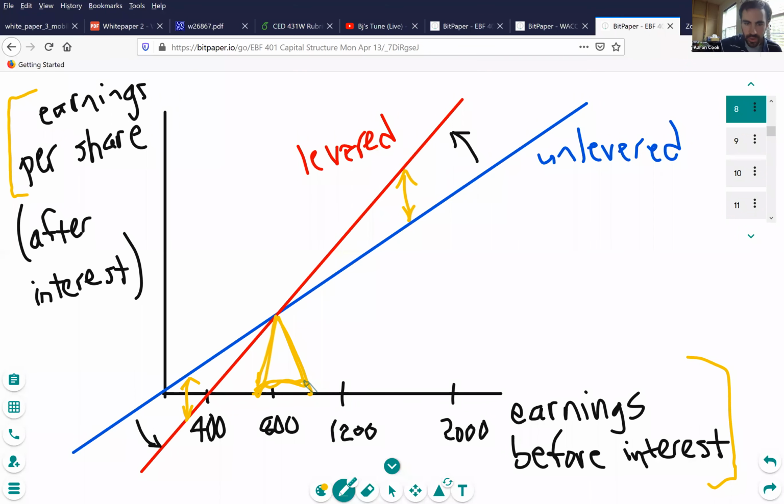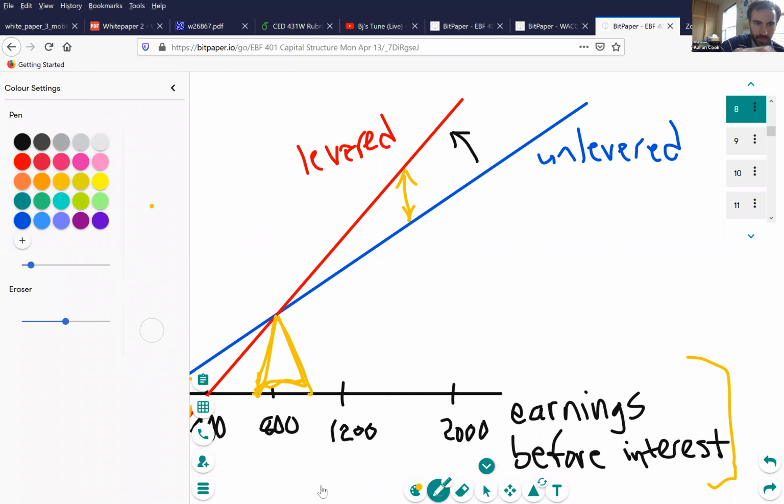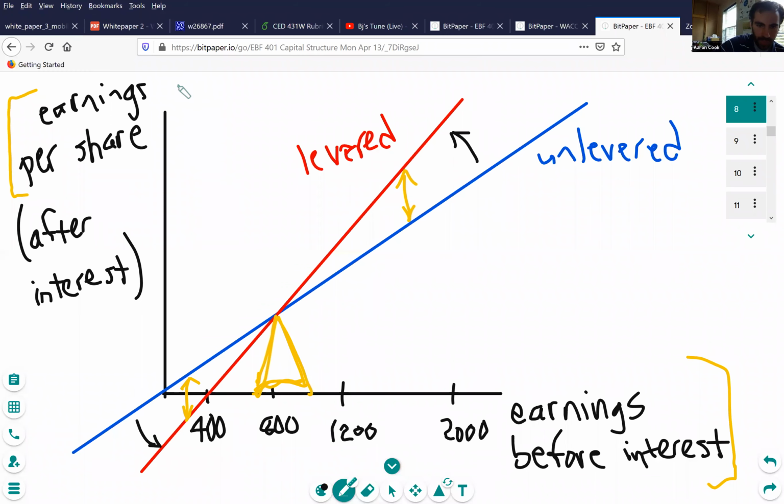I'll just mention one more thing. If we think about what this fulcrum is, this pivot point of this line is at $800 of before-interest earnings. If we remember what that is as a percentage of our assets, that's 10% of our assets.